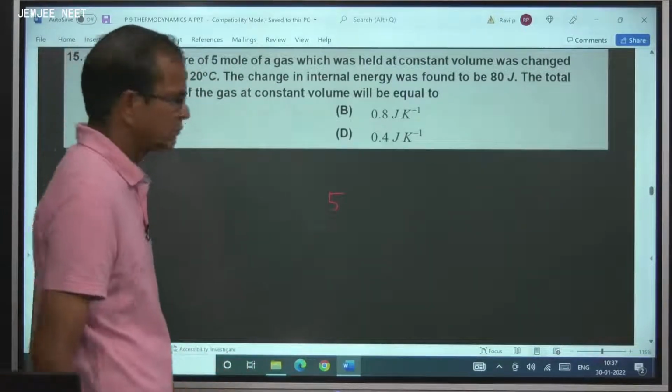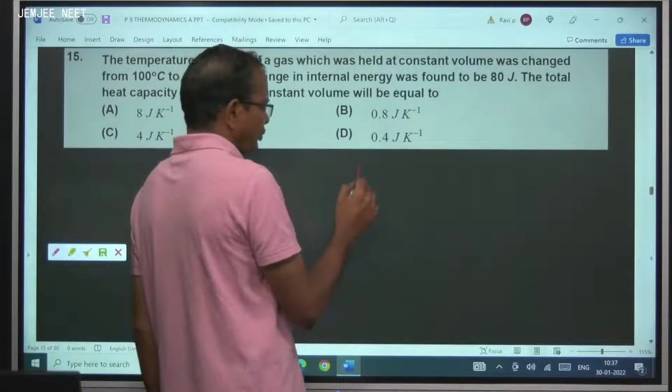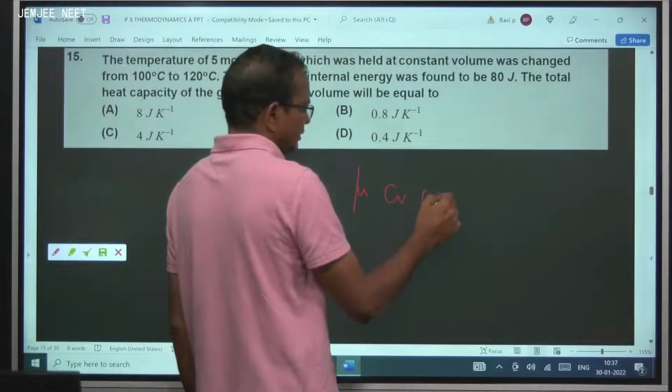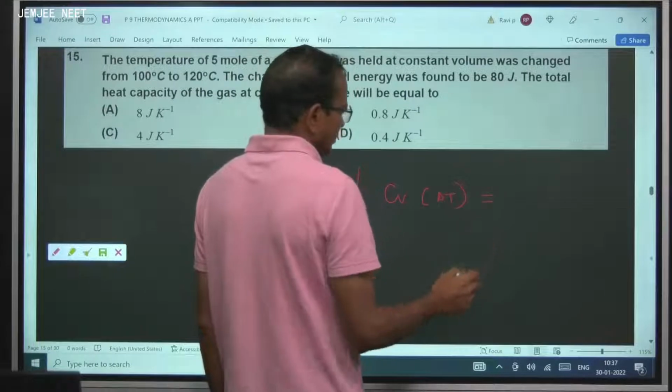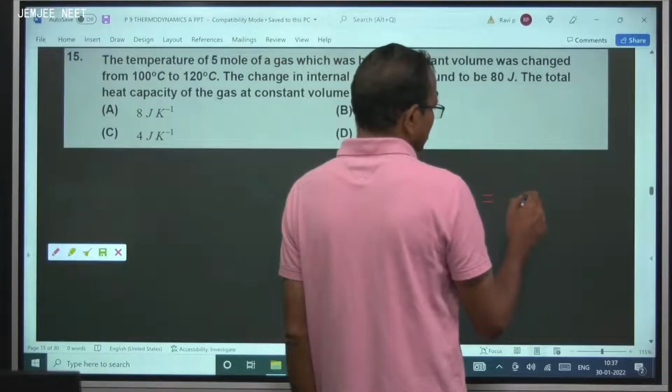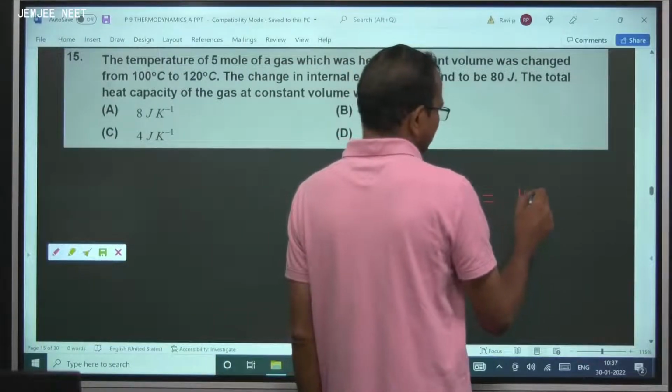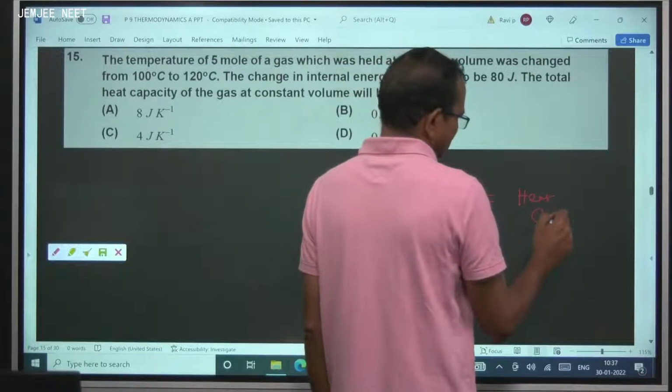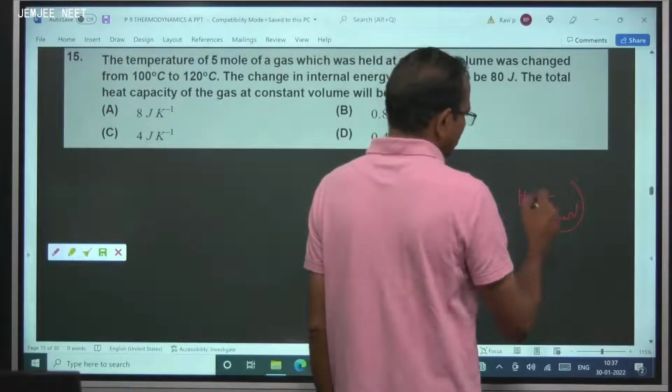Mu Cv delta T is equal to heat capacity into delta T.